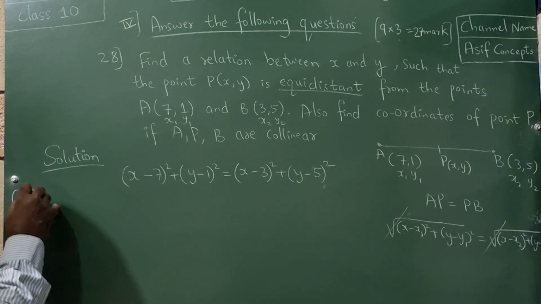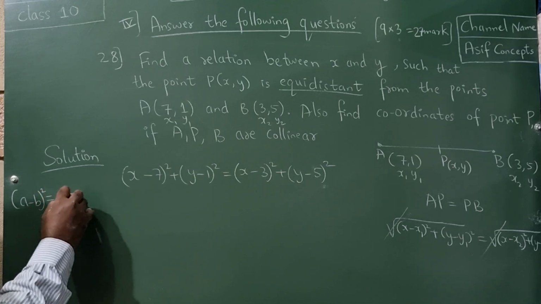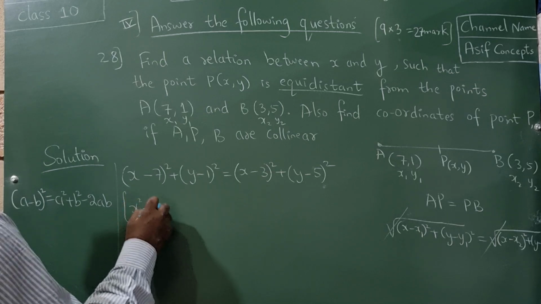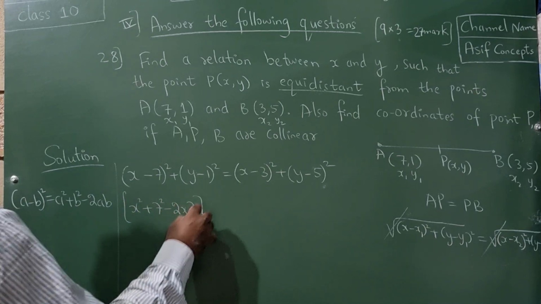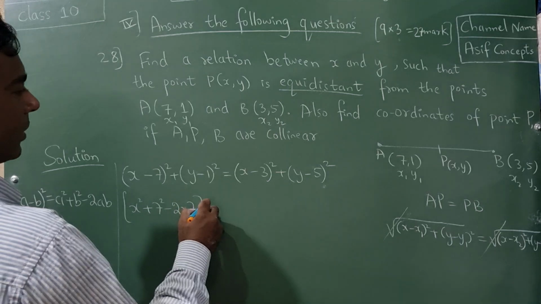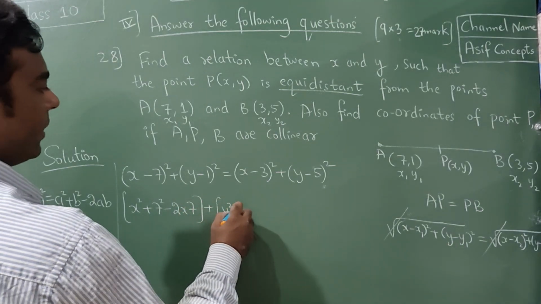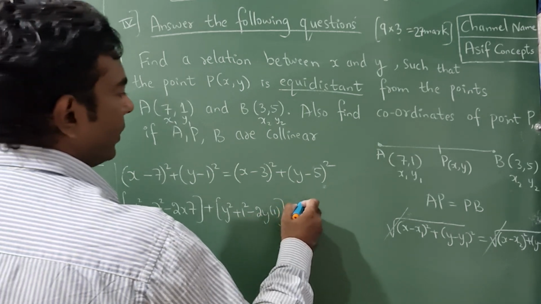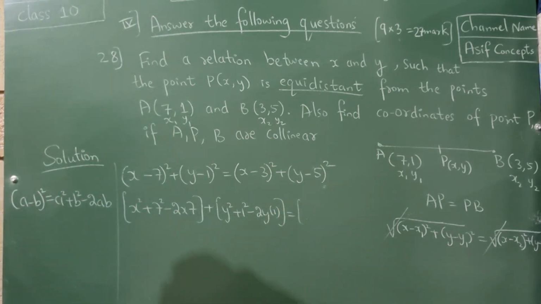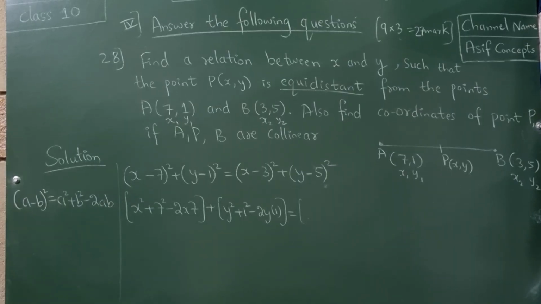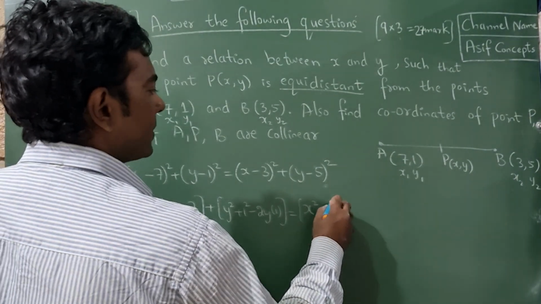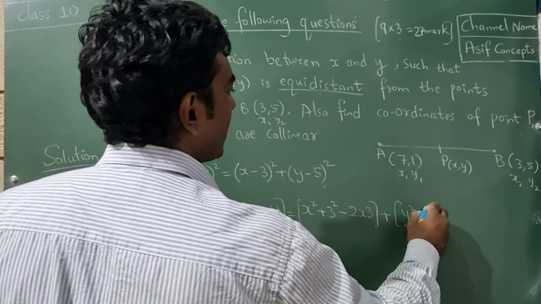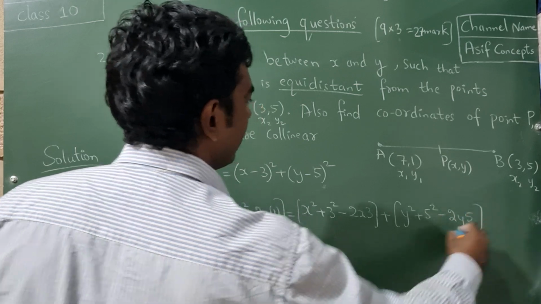Now I have to use the a minus b square formula: a square plus b square minus 2ab. So this will be x square plus 7 square minus 2 into x into 7, plus y square plus 1 square minus 2 into y into 1 is equal to x square plus 3 square minus 2 into x into 3 plus y square plus 5 square minus 2 into y into 5.